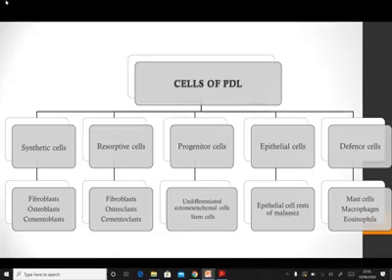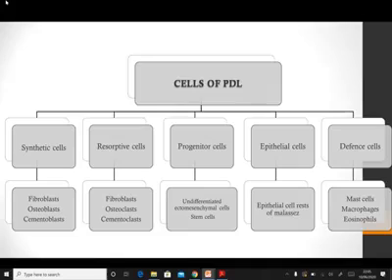Then we had the resorptive cells consisting of fibroclasts, which degrade the collagen with the help of phagocytosis and certain collagenases. Then we had the osteoclasts remodeling the alveolar bone, and cementoclasts remodeling the cementum. The progenitor cells, which were the stem cells and the undifferentiated mesenchymal cells, can differentiate into any type of cell, from fibroblast to osteoblast to cementoblast, depending upon the stimulus, or there could be separate cell lines for each of these cells.